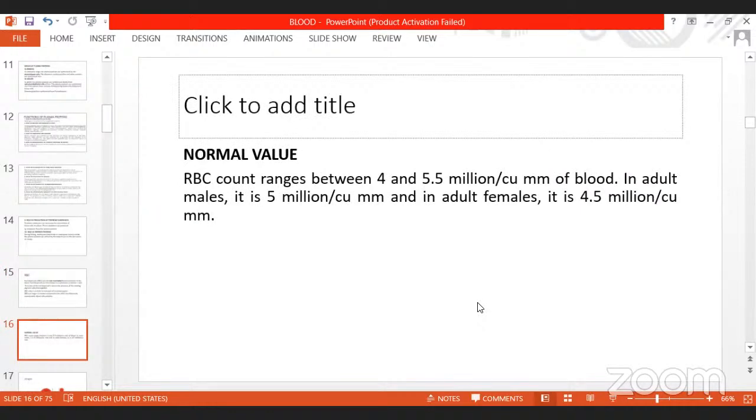The normal value of RBC is around 4 to 5.5 million cells per cubic millimeter of blood. In adult males, it is around 5 to 5.5 million cells per cubic millimeter of blood, and in females, it is 4 to 4.5 million cells per cubic millimeter of blood.